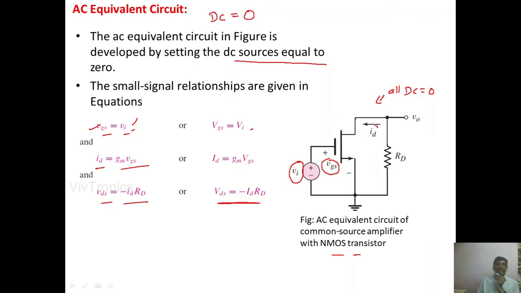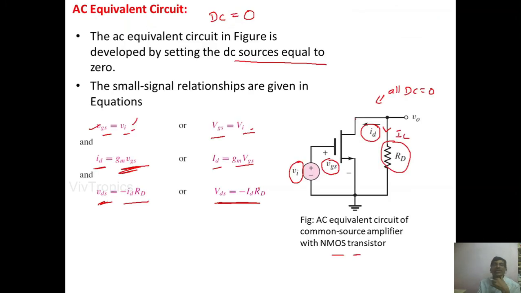We are developing the drain current id, which is nothing but gm vgs, a pure AC drain current, and the drain to source voltage vds, which is the drain current times RD, because we take IL as minus id, so we can take it as minus id into RD, that is nothing but vds. Similarly, in phasor terms we can represent it like this: Vgs is equal to Vi, Id is equal to gm Vgs, and Vds is equal to minus Id into RD. So this is how we have to draw the AC equivalent circuit.